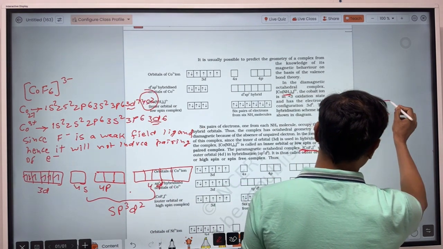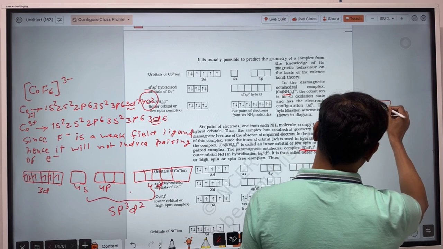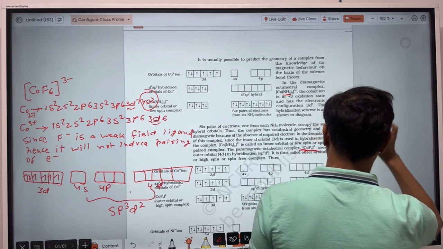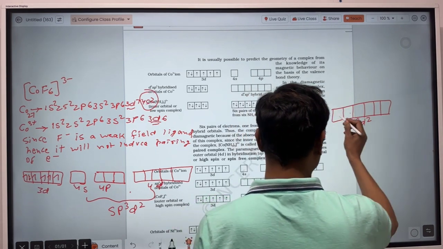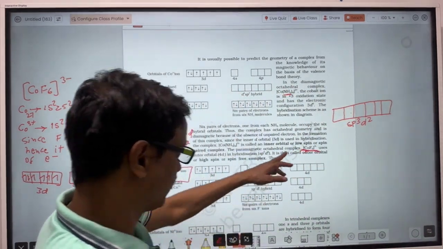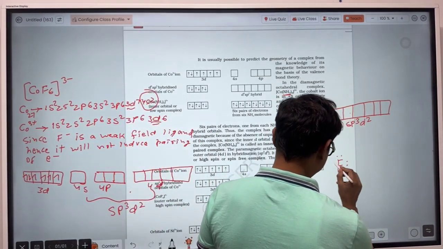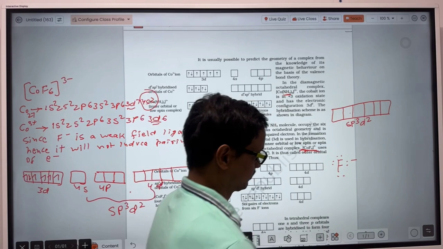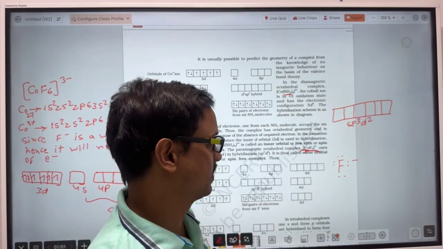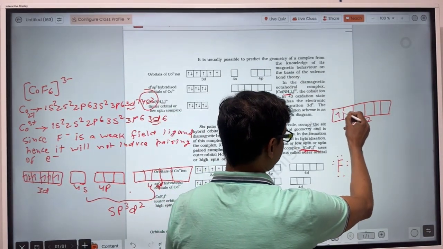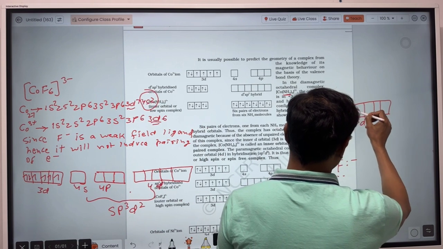So there will be 6 sp3d2 hybridized orbital. In this sp3d2 hybridized orbital, the fluoride ion F minus, that means here 8 electron, this F minus will donate their electron and will be bonded with Co3 plus through covalent bond.